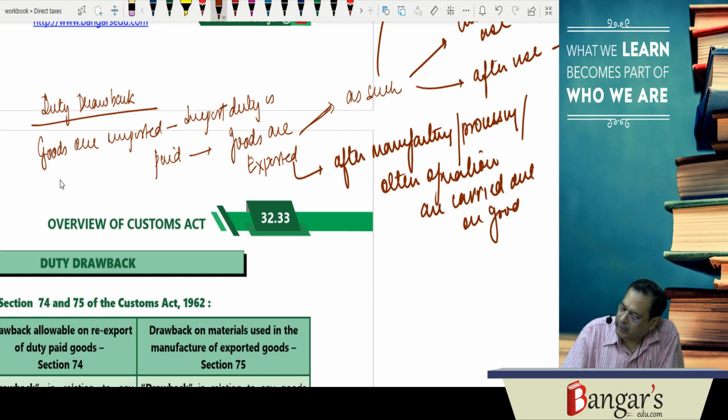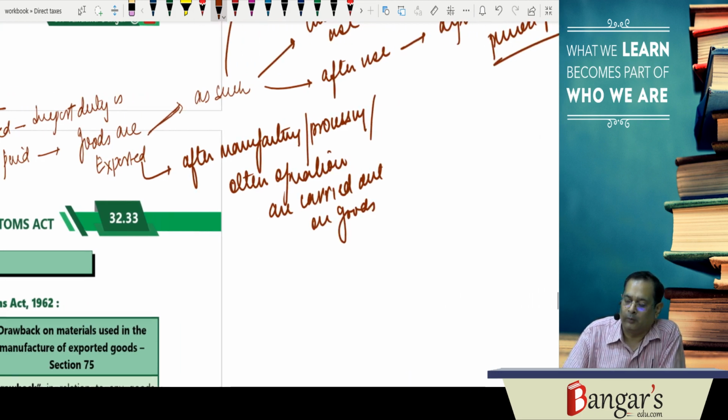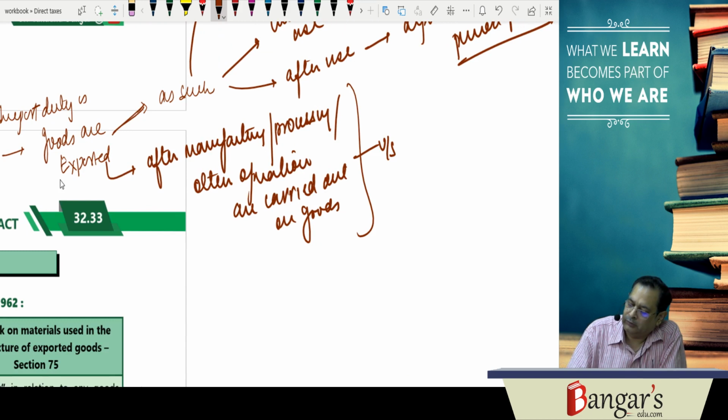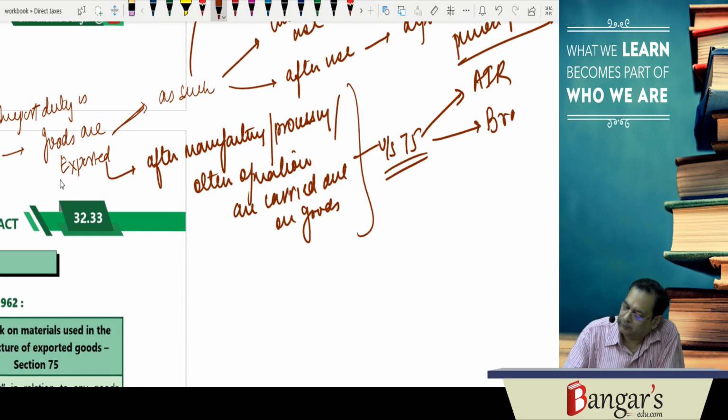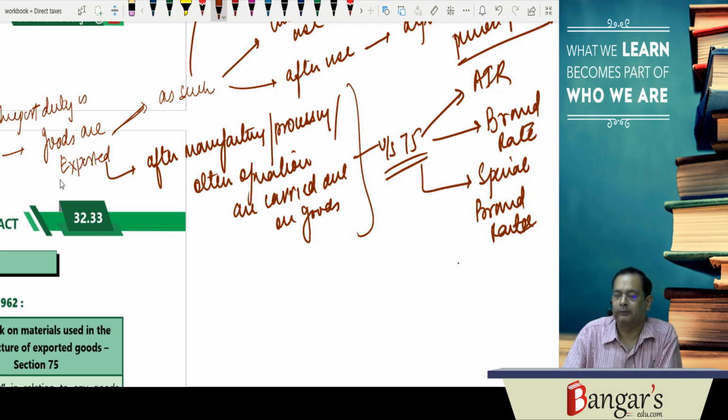In that case, you get a drawback under section 75, either at all industry rate or at brand rate, and if no all industry rate is announced, then special brand rate.